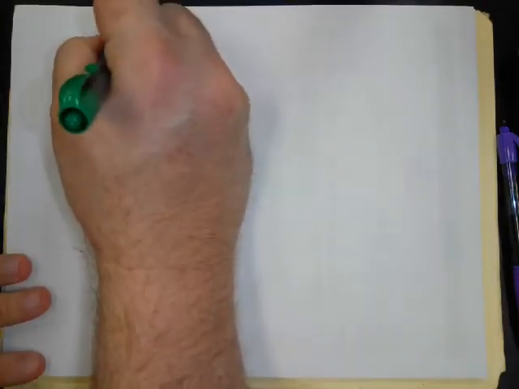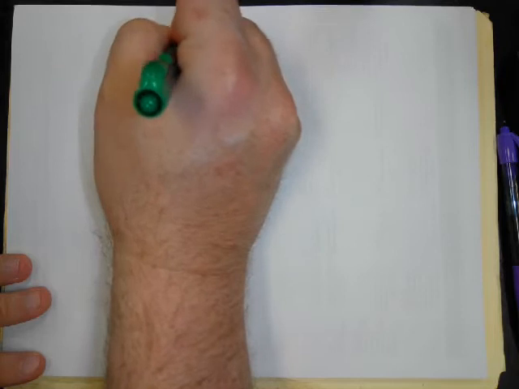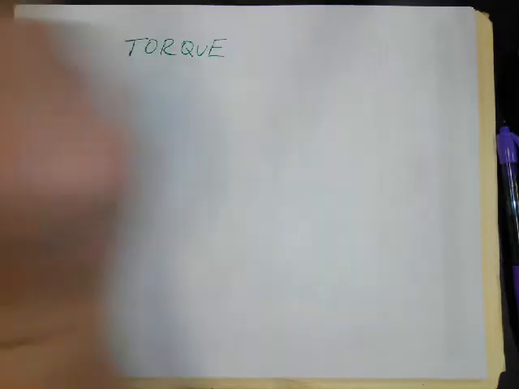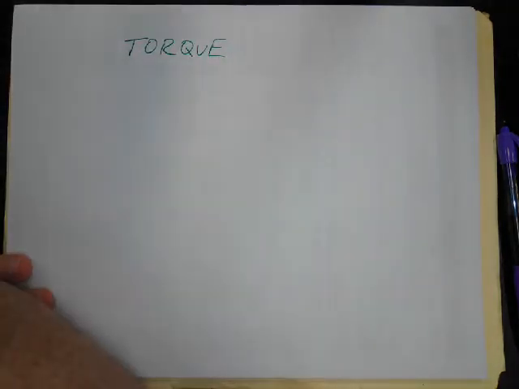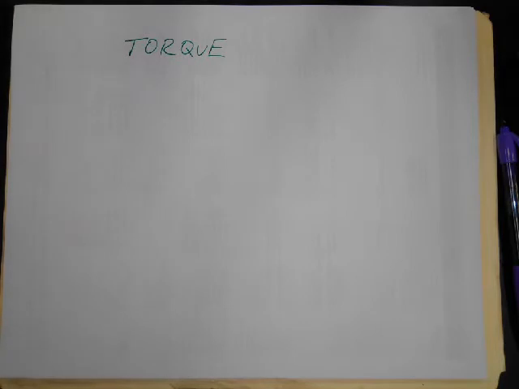We're talking about torque. So we defined this a bit in the notes. There's not a whole lot going on here. If we have an object, let's do the example problem in the notes. We have a torque wrench.